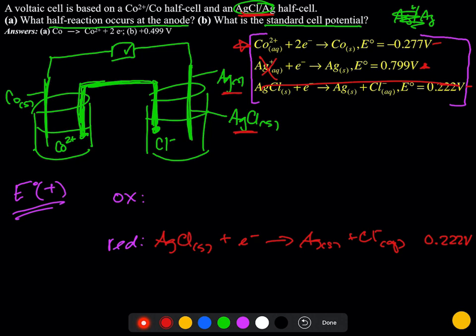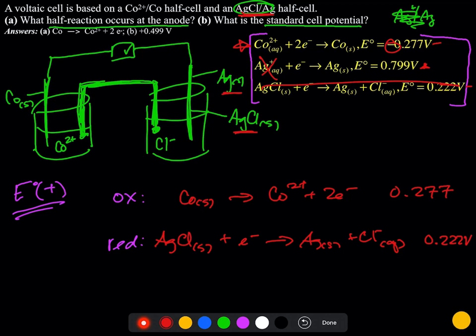Now, in order for that to be my oxidation, what am I going to have to do to it? We're going to flip it the other direction. So I'm going to have cobalt solid turns into cobalt 2+ plus 2 electrons with an E0 value of now 0.277, because we flip the sign when we flip the equation.